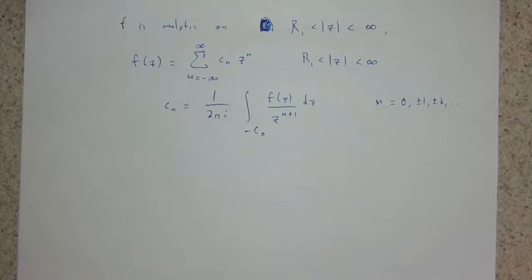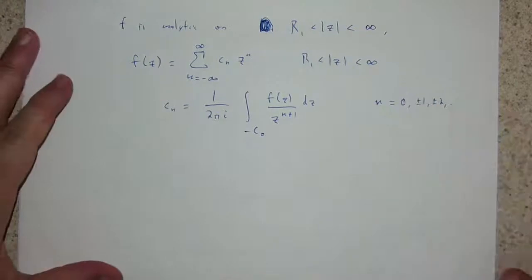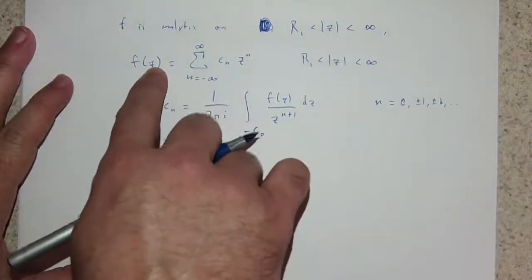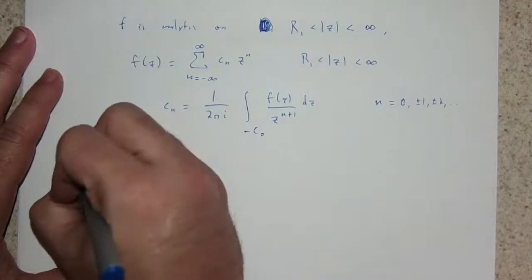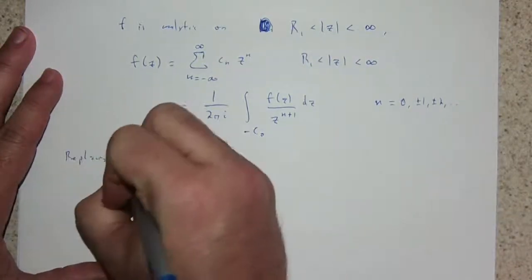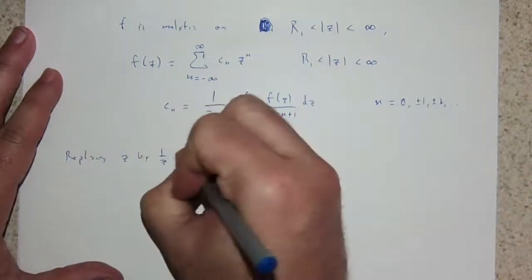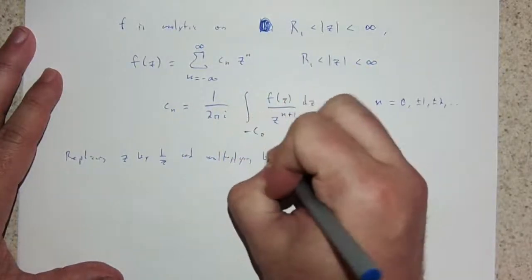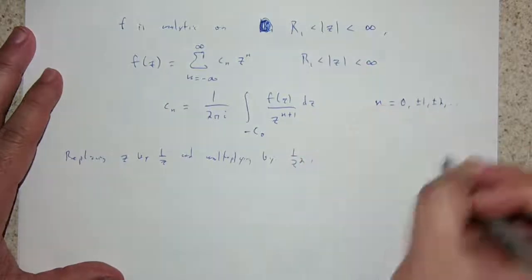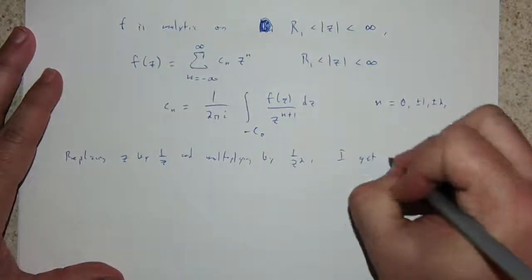But if I do that, in order to actually pick out this minus first term, I would need to multiply the Laurent series expansion by 1 over z squared. So that's how I would do this. So I replace z by 1 over z and multiply by 1 over z squared. So replacing z by 1 over z and multiplying by 1 over z squared, I get the following.